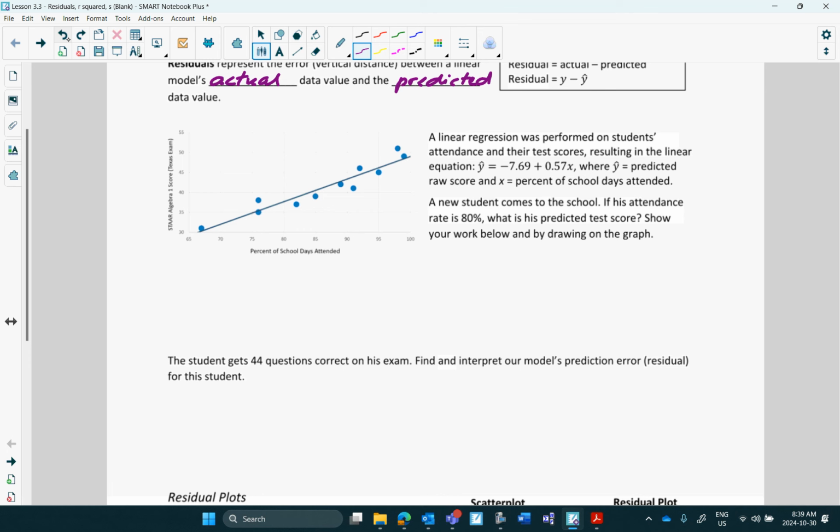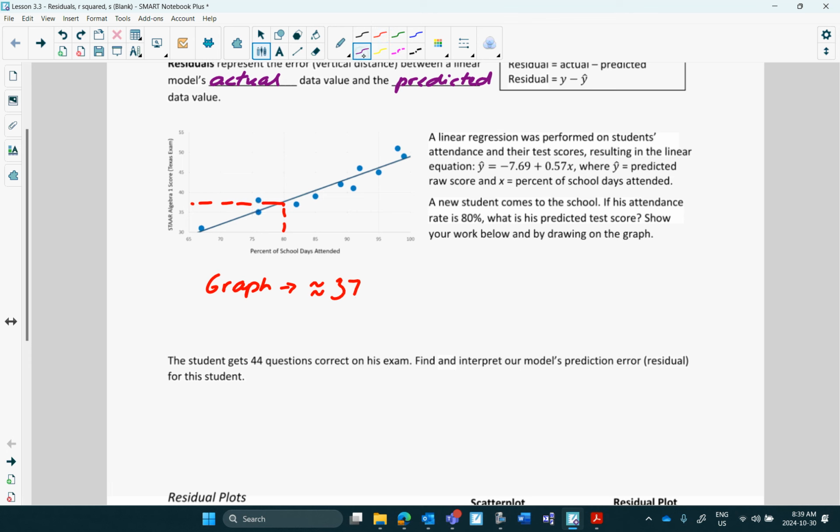So a new student comes to the school. If his attendance rate is 80%, what's his predicted test score? Well, we can do it two ways. We can use a graph and get an estimate. So 80% is here, and if we go up to the least squares regression line and then go across, it looks like we're around 37, between 37 and 38. So from the graph we're looking at approximately 37.